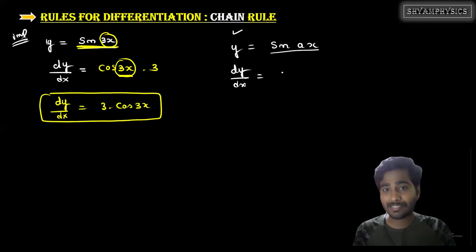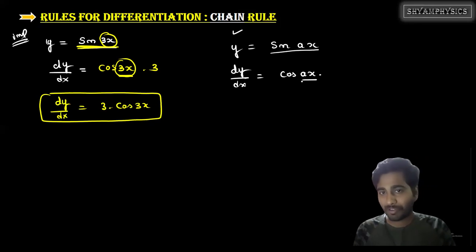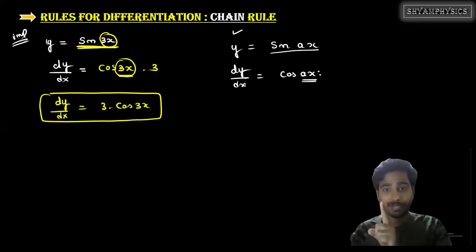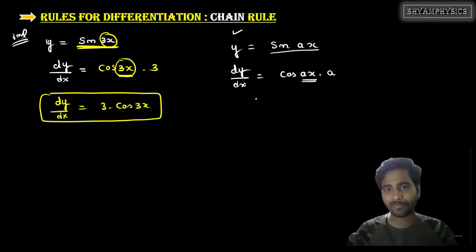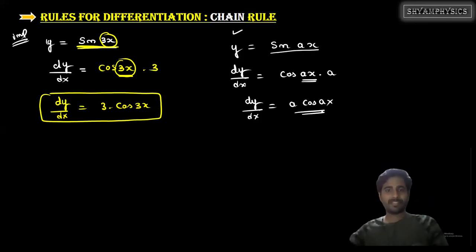For sin x it is simple, it is cos x. But here it is cos ax. Further, for ax you need to differentiate. a is constant, take it outside, dx by dx means 1. So the answer will be a. So what is the answer you'll get here? dy by dx is equal to a cos ax. Understood?